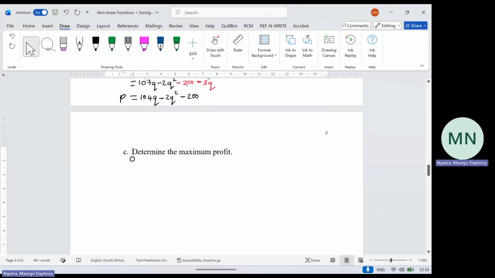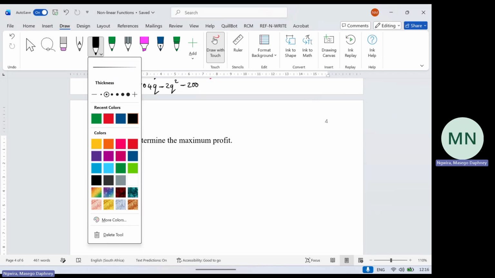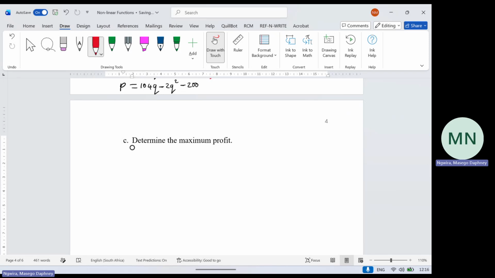So C, it says determine the maximum profit. Remember with the maximum, it means we have to start with the turning point. Every time they say maximum something, we are going to have to find the turning point first. So our profit, we calculated it: P is equal to 104Q minus 2Q squared minus 200.